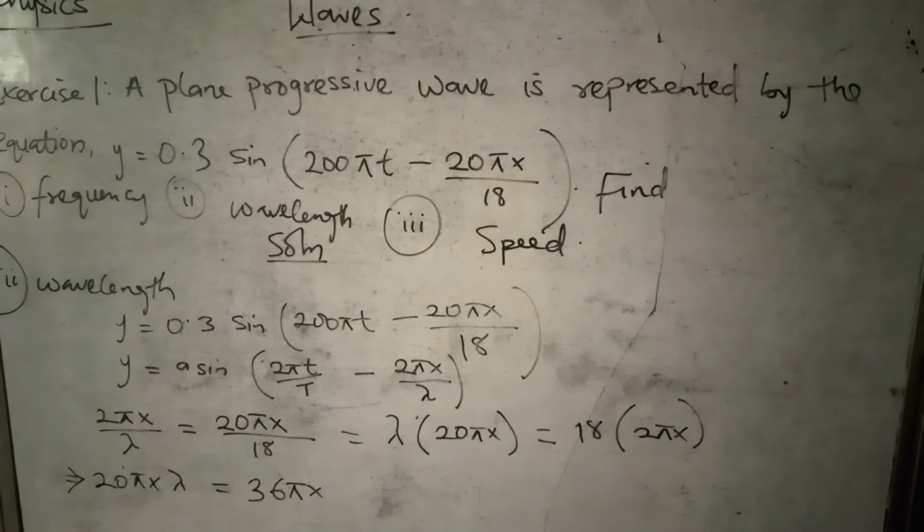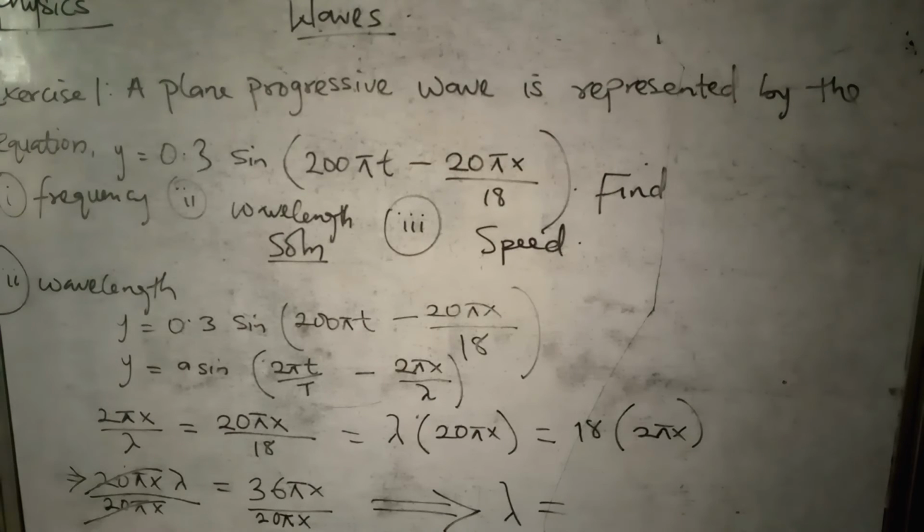The next step is to divide both sides by 20πx. 20πx wavelength divided by 20πx gives us wavelength. We cancel these and we are left with wavelength.